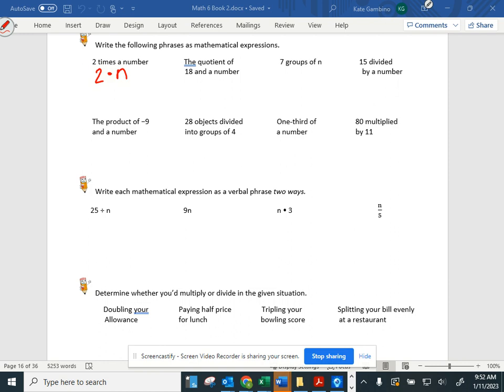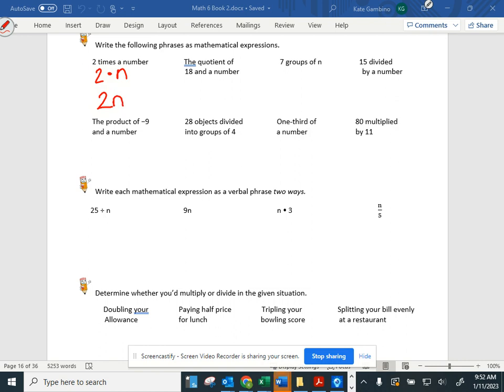Now, if we want to do the fancy, we're in big kid math. How would I write that differently? Jillian? Slanted? No. Oh.